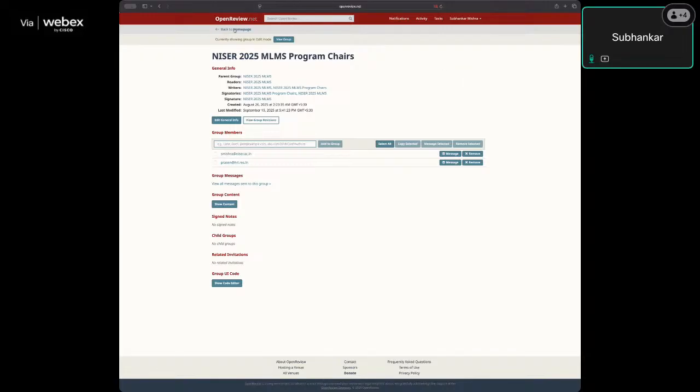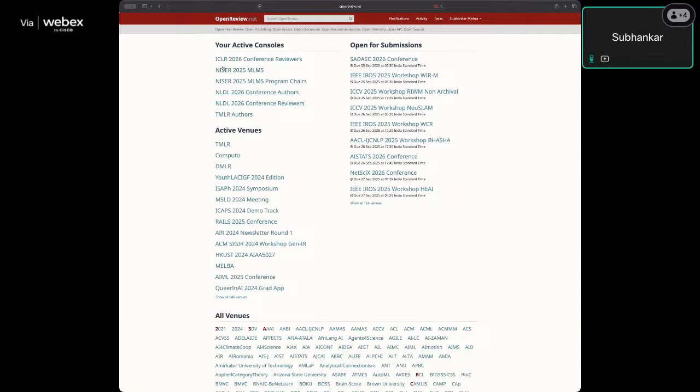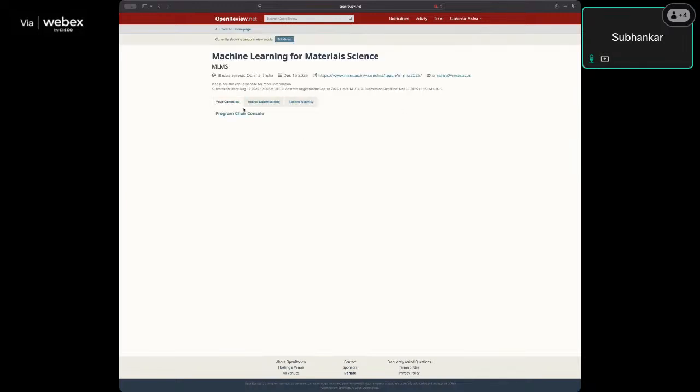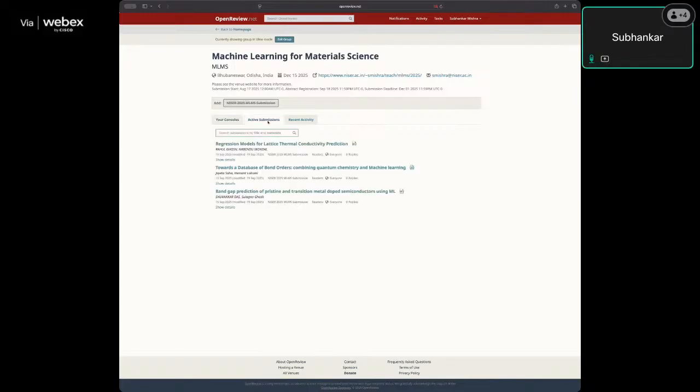Once you receive it, you just have to log in and sign up. Once you open your main page, on the left hand side you should see these two things. Program chair is where you can handle and call for other reviewers and all the stuff. But for NeurIPS 2025 MLMS, because you are a program chair, you will see this. Other people won't be able to see. If you go to active submissions, these are the three submissions we have.